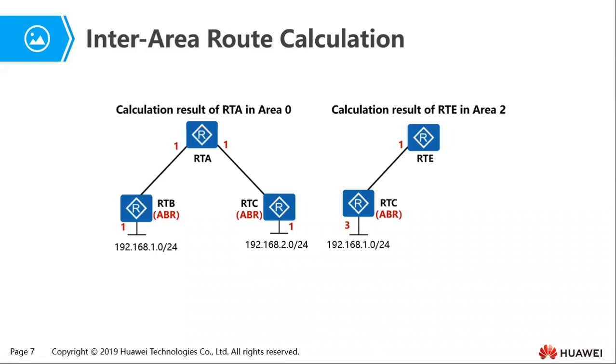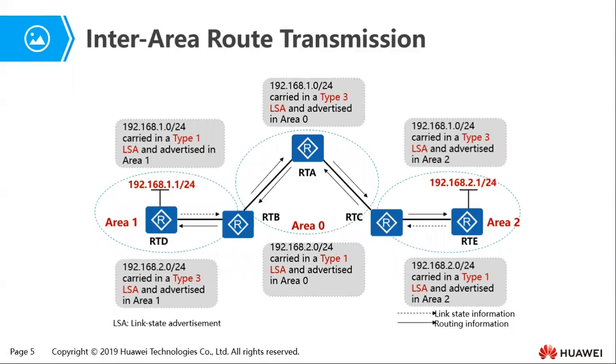Now, here, inter-area route calculation. For example, let's see RTA again. If we look at RTA, RTA is connected to RTB, which is an ABR.